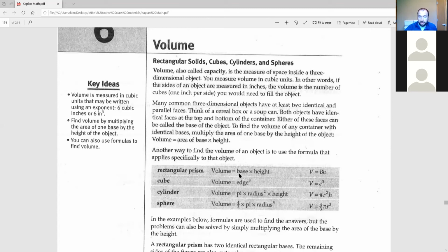Now, you can't use the cube formula to find a prism, because that won't work, because a prism has different lengths, widths, and heights. But you can use this one formula, which is area of the base times the height, and that will figure out any rectangular prism or cube. So it's kind of up to you, right? You'll get both formulas on the test, okay?